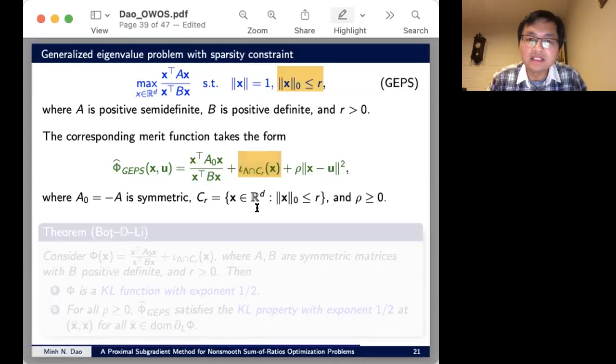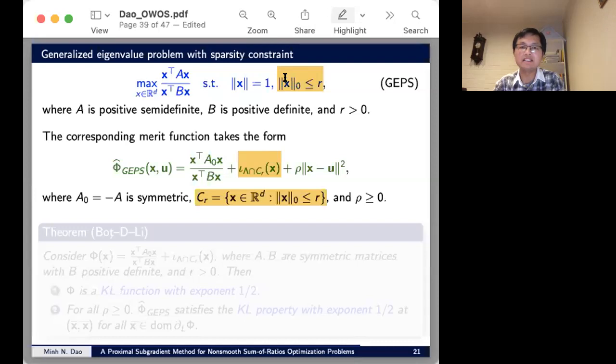So here C_r is the constraint set, part of the constraint set, but we include it here in the indicator function, right? So all the constraints are included here. And here the matrix A is, of course, symmetric and positive semi-definite.